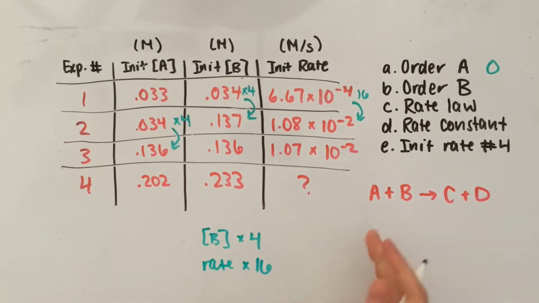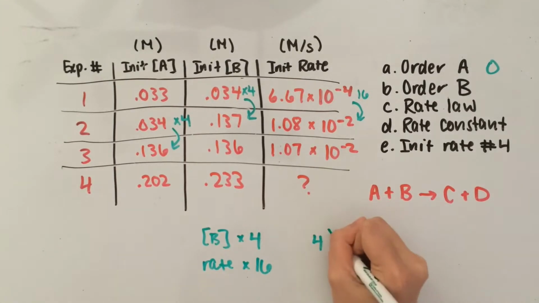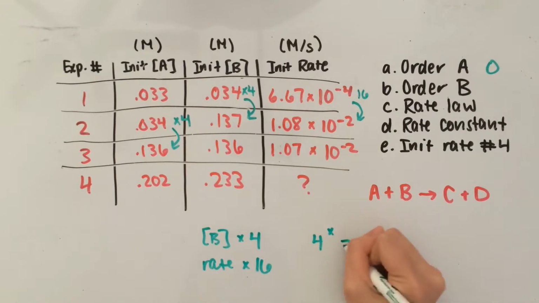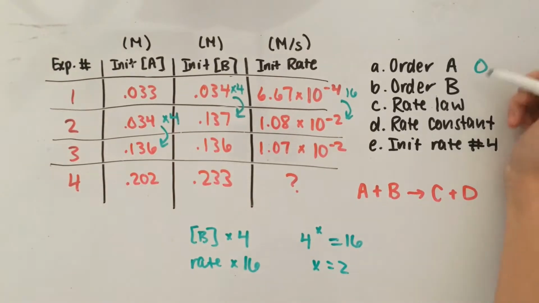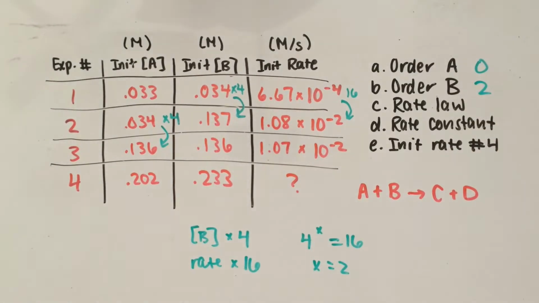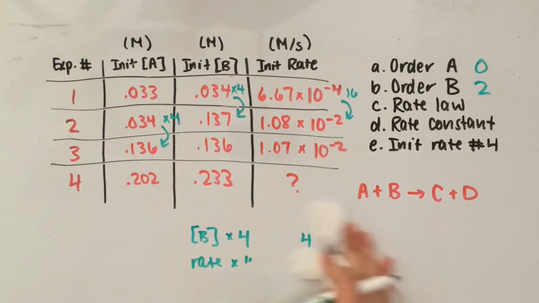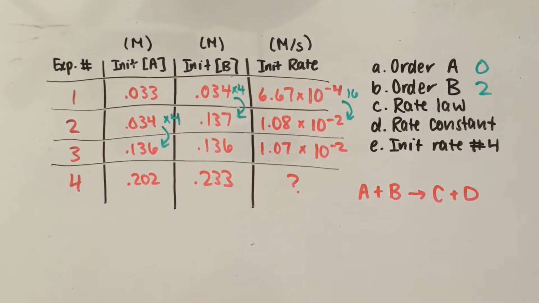So to find the order, we have to ask: 4 to what exponent gives you 16? Obviously, x has to be 2, because 4 squared gives you 16. That means 2 is the order of B. So now we have A is zero order and B is second order.